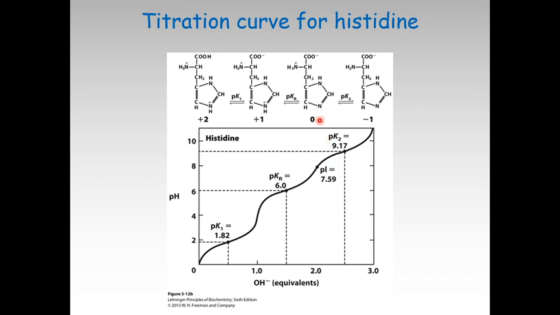But how would you calculate the PI, isoelectric point, for histidine? And for that, you need to consider the charge first. You need to write down all 4 structures. And how do you get 4 structures? Because you start with the structure where the carboxylic acid has a proton. Always remember that. Start with a structure where the carboxylic acid has a proton.